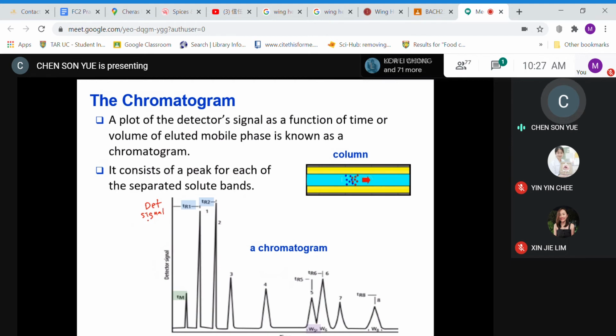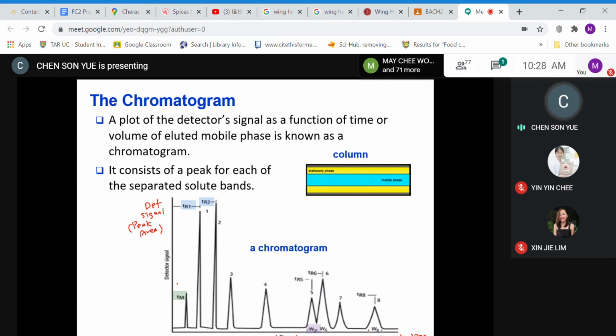Usually the detector signal refers to the peak area. You should have finished your practical, now it's week 9 or going to finish. This is the peak area, the detector signal. Here will be the time, or we call it retention time. Not concentration. If you put concentration, then it's wrong. It's a time, a retention time, how fast they come out from the column.